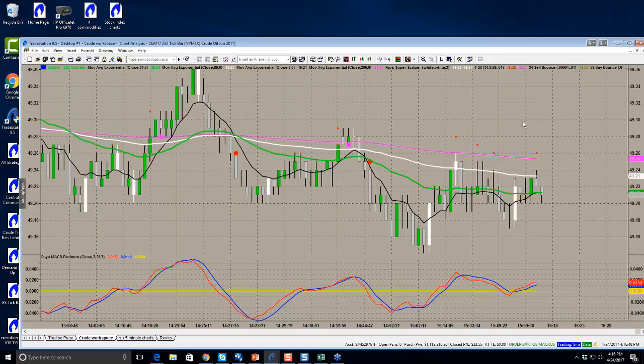Now, there are different kinds of charts that are also not based upon time. This is a tick chart. At times, some of our members don't have a tick chart, but they have what is known as a range chart, where the price movement is based upon the range of the bar.